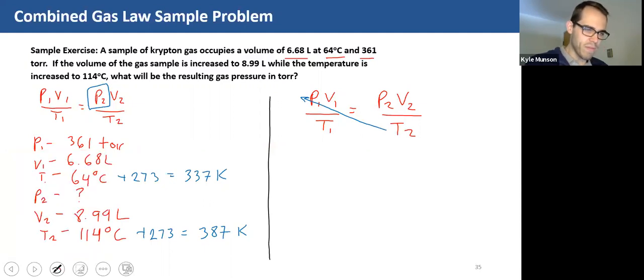So what I'm left with after that is T2 times P1 times V1 over T1 times V2 is equal to P2.